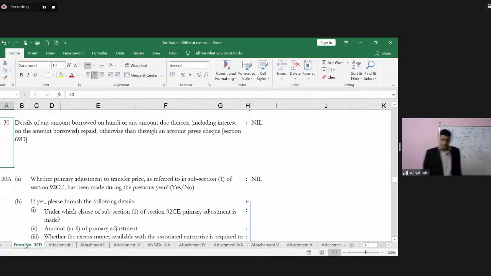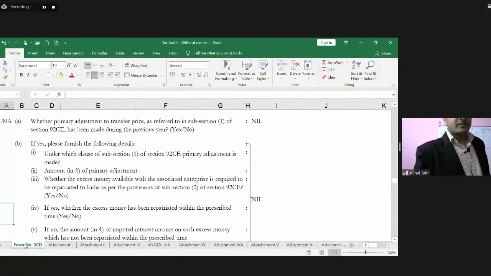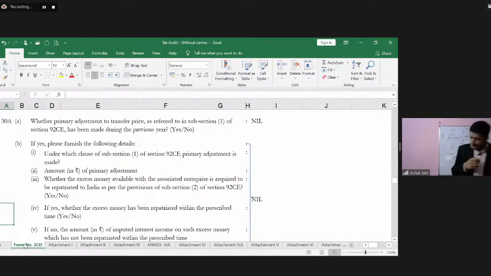Okay. Moving on to clause number 30A and 30B. This is something which is in respect of the requirements of transfer pricing. So let's understand whether primary adjustments to transfer price as referred to in 92CE has been made during the previous year.